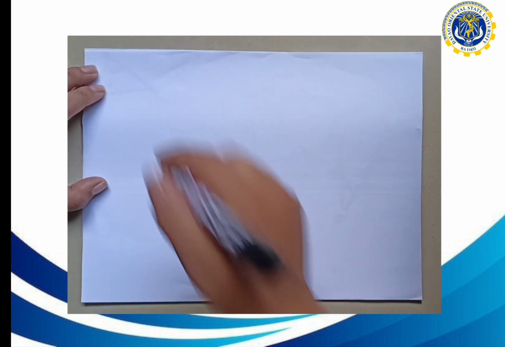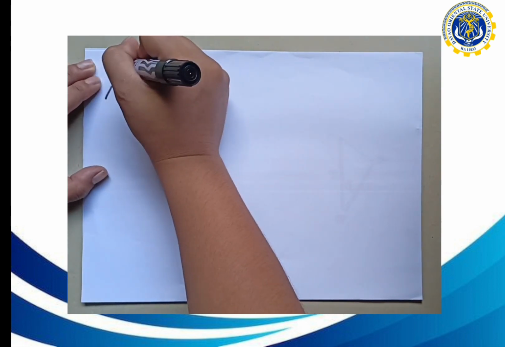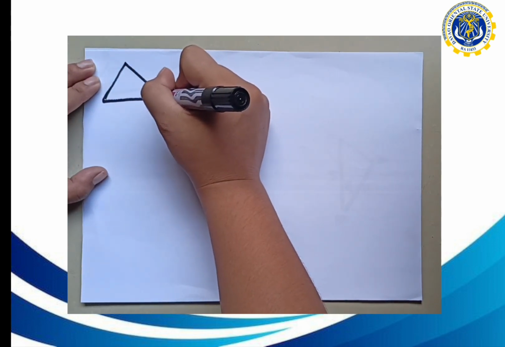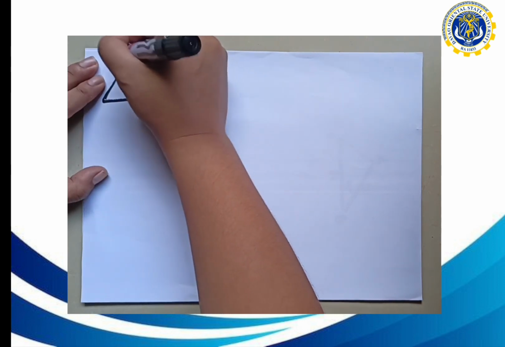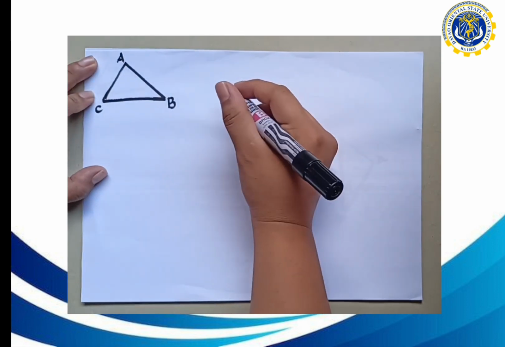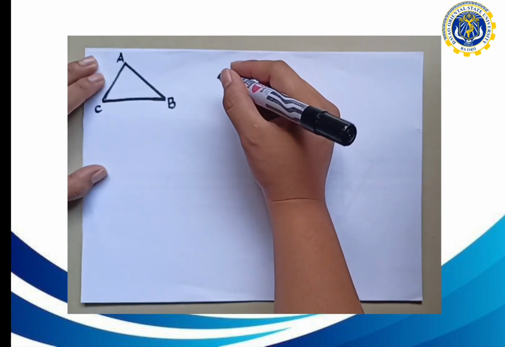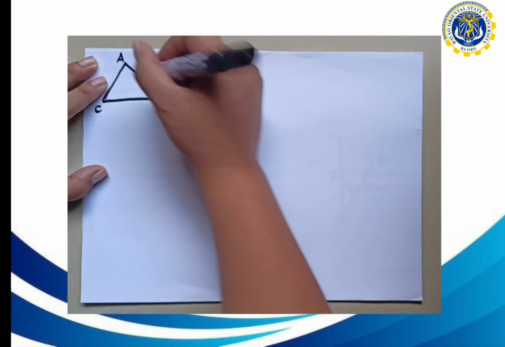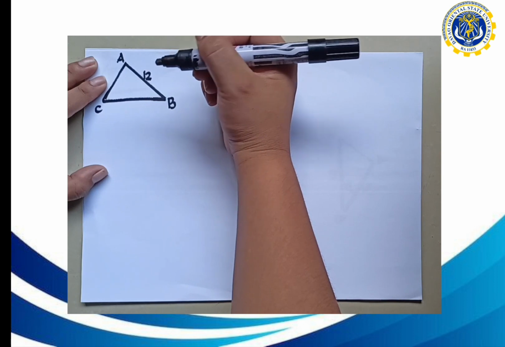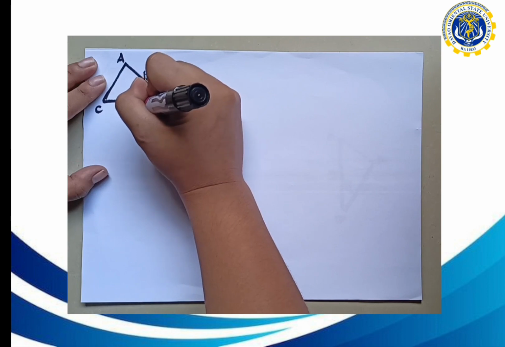The first one is triangle A, B, and C. We have a given value of A and B, which is 12, and for B and C is 24.